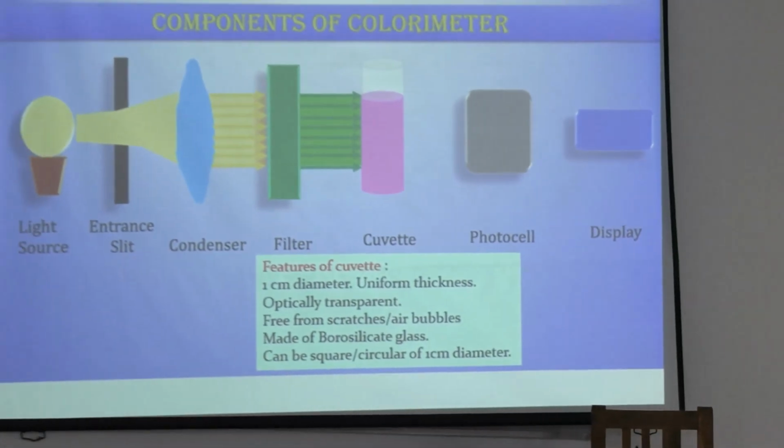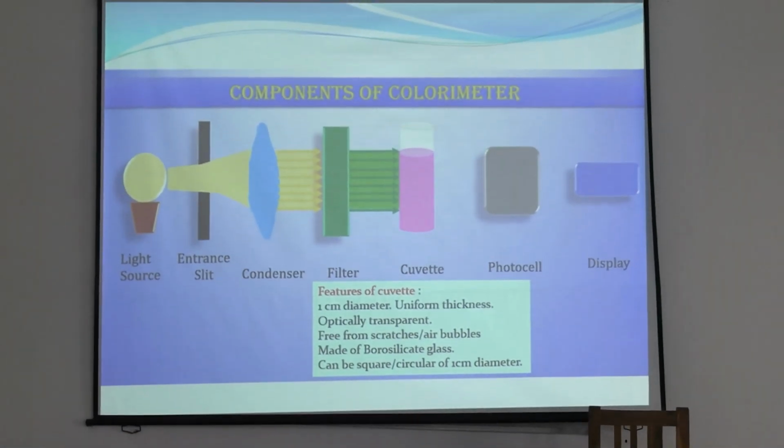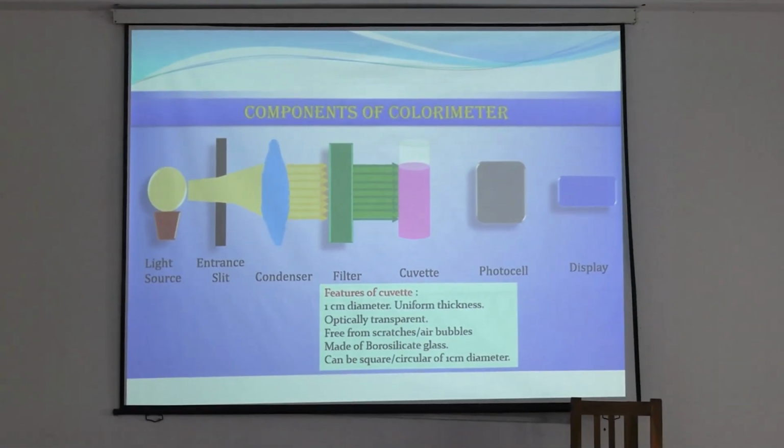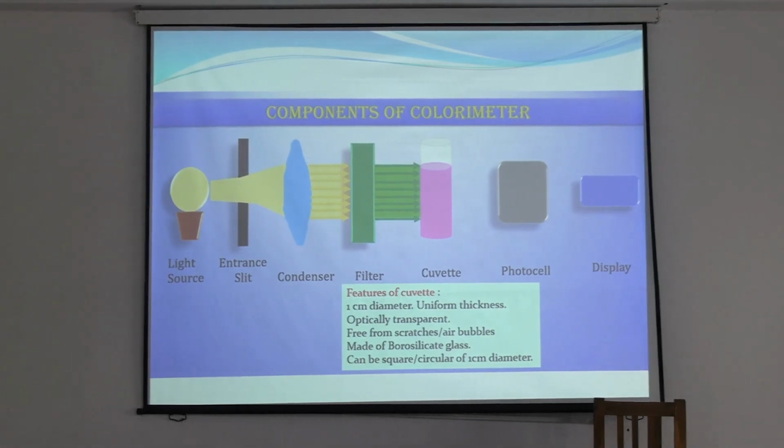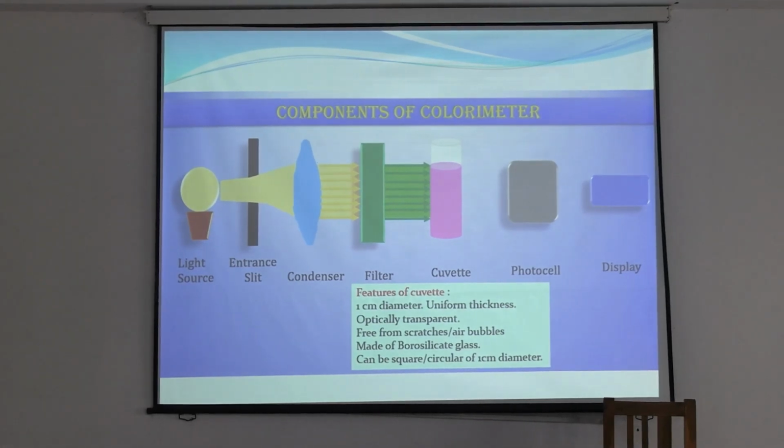Now see, with the entrance slit only a specific minimum part of light is entering, and by the condenser it is converted into parallel rays. In case of Beer's and Lambert's law, two more things were to be specified, that we are using monochromatic parallel beams.